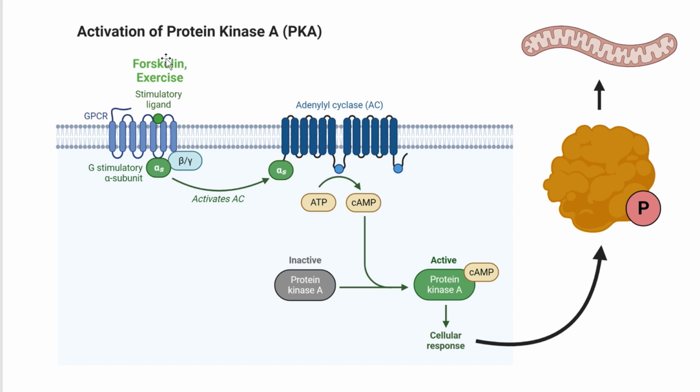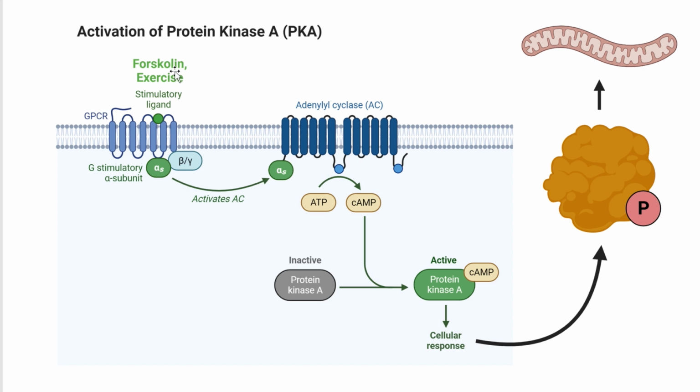Here I've got two examples listed. One of them is Forskolin, and I actually have multiple videos on Forskolin if you're interested, where I discuss, I think, fat loss, testosterone, and maybe one other thing. I discuss this mechanism in more depth in those videos, so be sure to check those out.